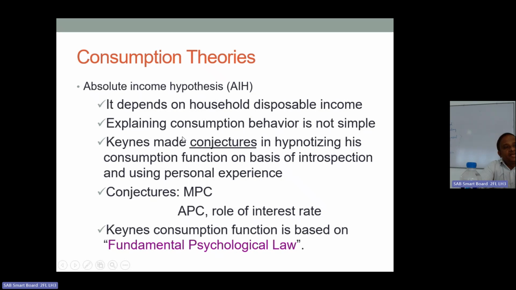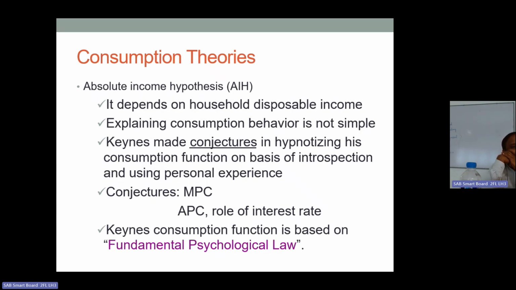According to Keynes, in the 1930s we didn't have computers or big analytical instruments to analyze consumption. But Keynes explained consumption behavior, and he identified the complexities of explaining it across different people. It's not a simple task.